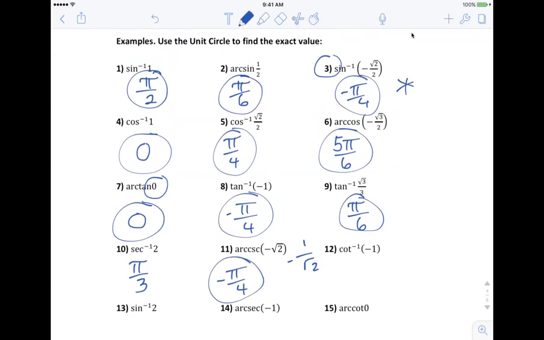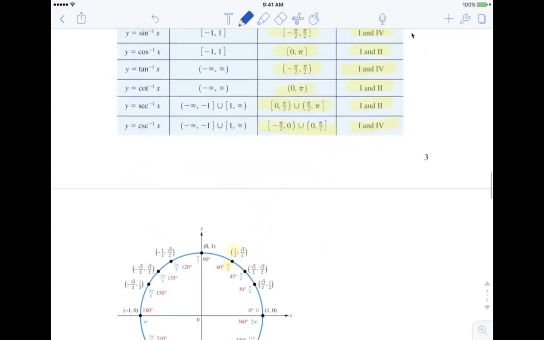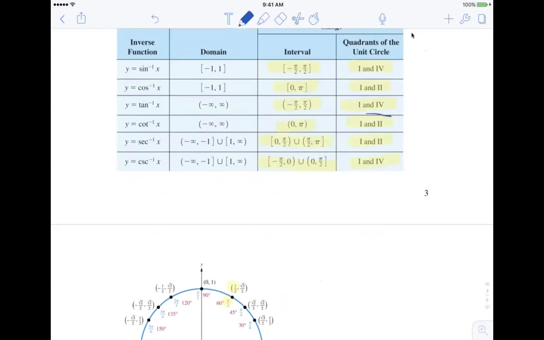How about cotangent inverse of negative 1? You would think that would be something similar to the tangent inverse of negative 1, right, which we did on number 8. But this is where you have to be careful with that range, right? So I'm looking again, what does this mean? For number 12, the cotangent of what angle is equal to negative 1, but you have to be within quadrants 1 and 2, right? Because that's what this says up here.